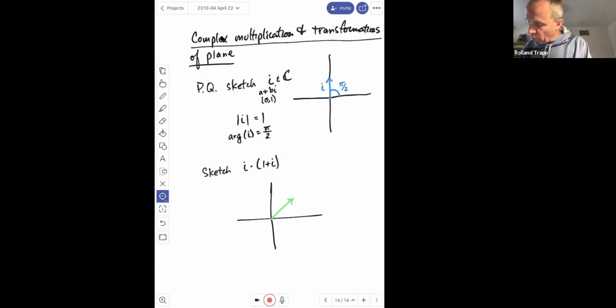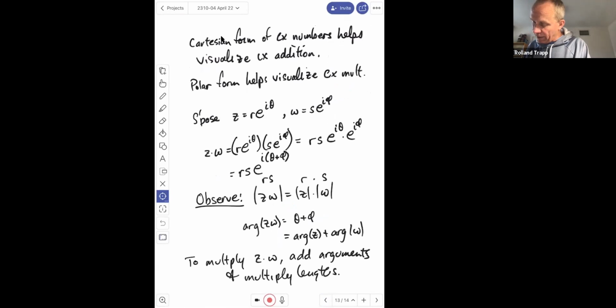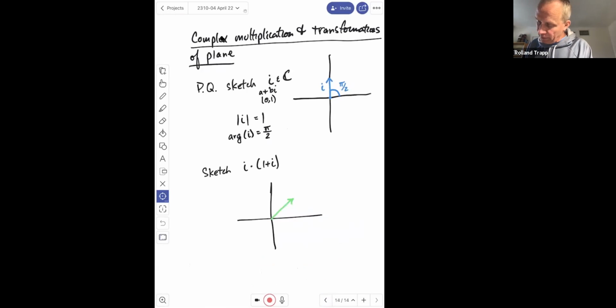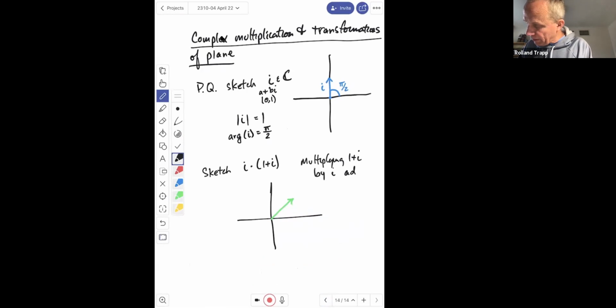So we know that multiplying numbers adds arguments and multiplies length. So multiplying 1 plus i by i adds pi over 2 to the argument of 1 plus i and multiplies the length by 1.